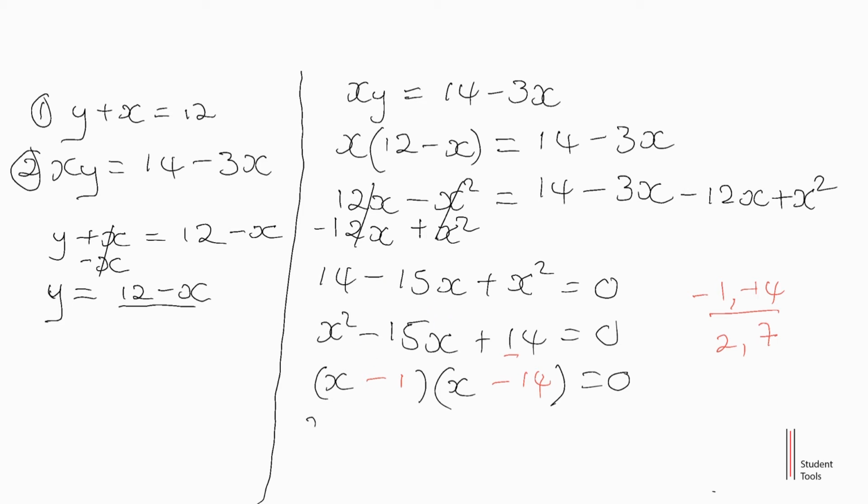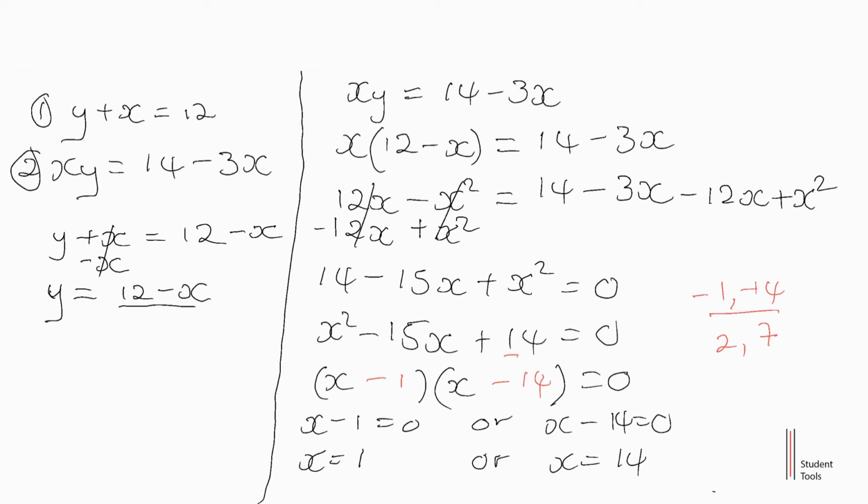So now this side we have x minus 1 equal to 0, or x minus 14 equal to 0. So x is equal to a positive 1, or x is equal to 14. So now we have solved for the x values.